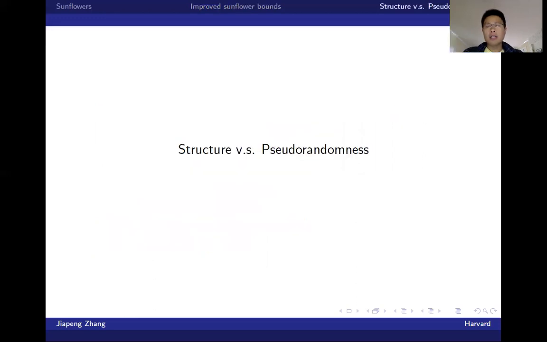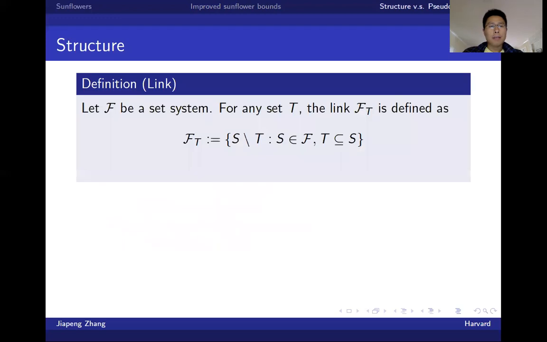Okay, now let me tell you the proof idea. This is based on the structure versus pseudo-randomness approach. Let me first introduce the structure part. We're going to define the link. Given a set system F, and for any set T, where T is not necessarily a set from F, just any set, the link of F at T is defined in the following way.